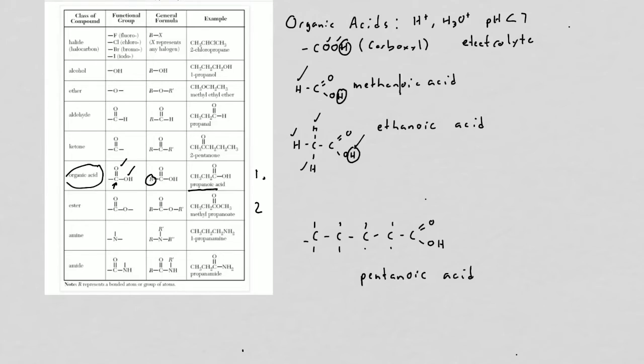Now, all of these acids, one of them that's kind of important is the second one, ethanoic acid, only because it's so common. Ethanoic acid is also known as acetic acid, and its even more common name is vinegar. And when this ionizes, you get the acetate ion.